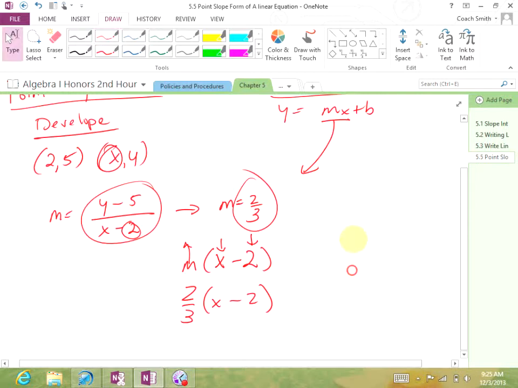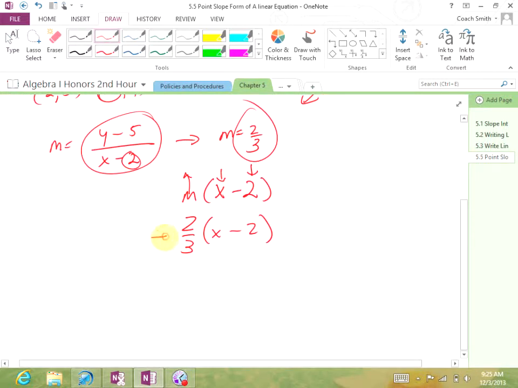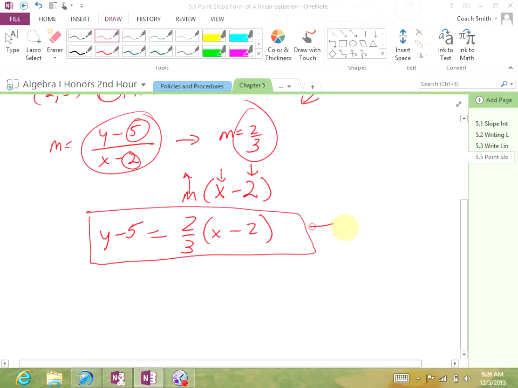Now, the rest of it is the y over here. We know that one of the y's is that right there, so we can put it there and put the other one in front. This expression right here is point-slope form.